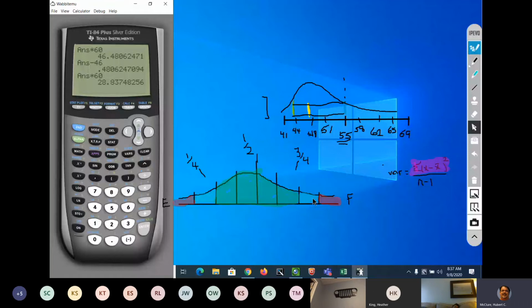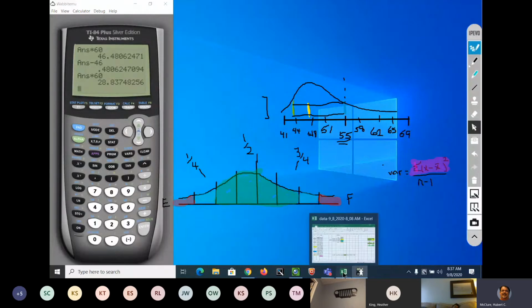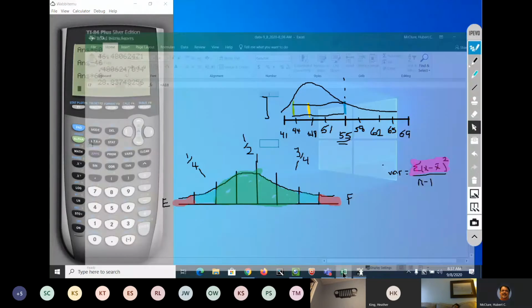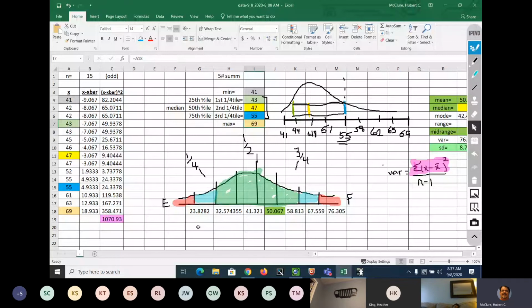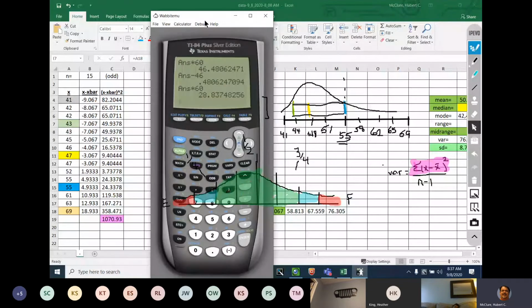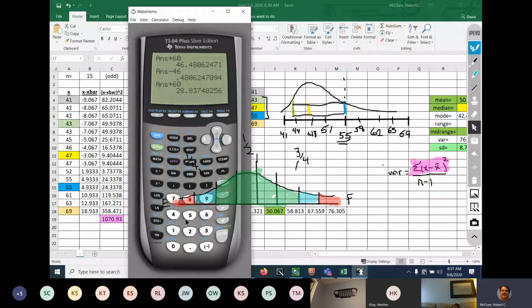And I'm going to pull up the Excel spreadsheet and the calculator. I'm going to copy my numbers since they're in order on the Excel spreadsheet. All right, here we go. Those of you that got your calculators out.